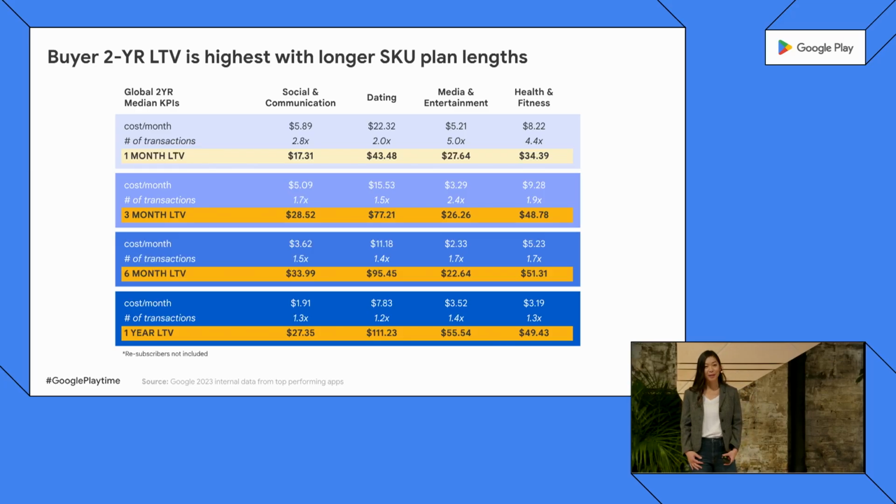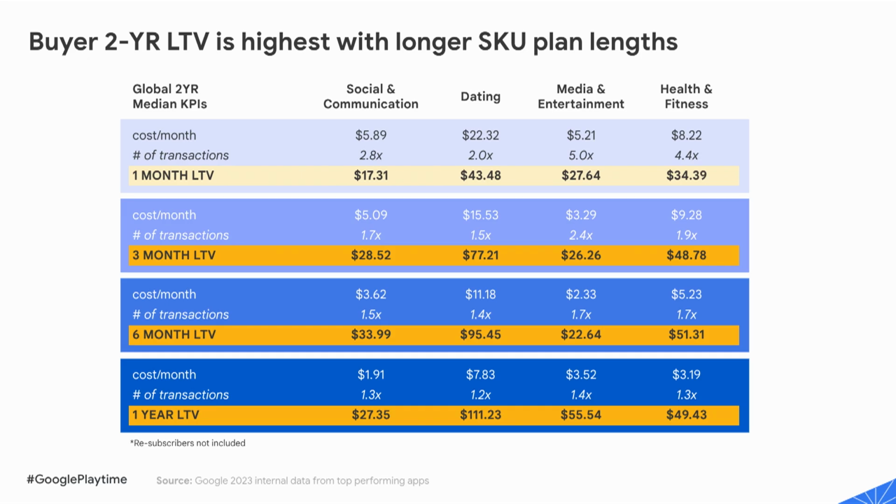Okay, so I know this table is an eye chart, so I'll describe it and summarize the takeaway. This table shows the median 2-year buyer lifetime value for social, dating, entertainment, and health and fitness categories. As a reminder, we calculate buyers' lifetime value by multiplying the SKU price times the number of transactions over a 2-year period.